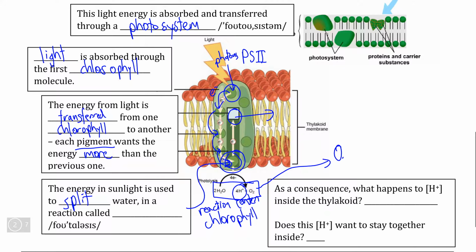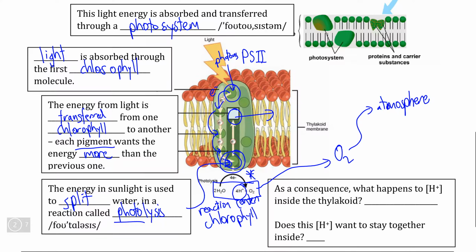Now, this oxygen gas is indeed the same oxygen gas that is released into the Earth's atmosphere and is the foundational basis behind every oxygen-breathing organism being able to survive, all because of this one reaction here. And this reaction has a rather cool name. We call this reaction photolysis.